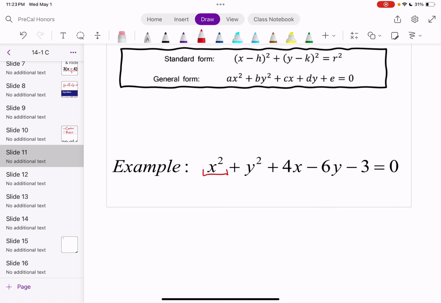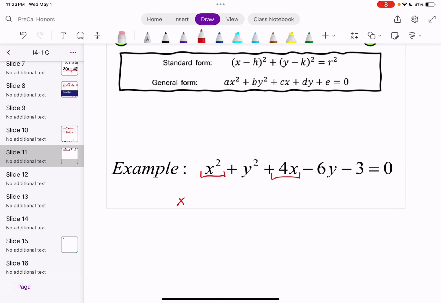In this case, we have x squared plus 4x. We're going to group together the y's, which is y squared minus 6y. And we're going to bring over the negative 3 to the right-hand side, so we're going to add 3 to both sides.